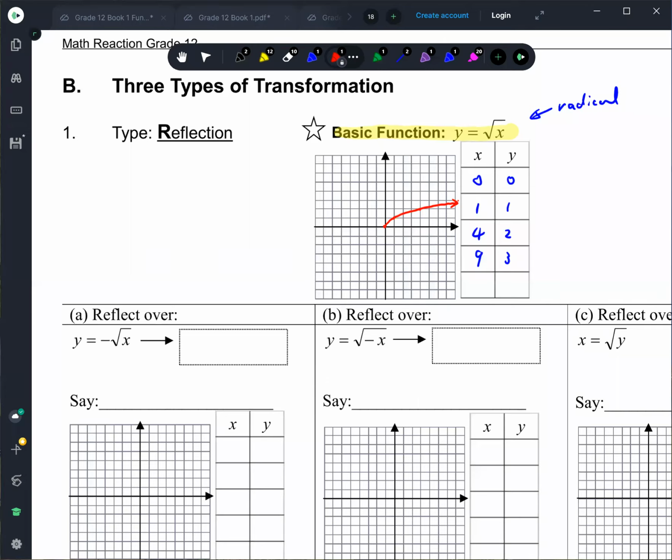Yep, okay. So for reflection, there are 3 ways to reflect. Reflection means it's like you look at the mirror. So the image is flipped, okay? But you could flip different ways. If you look at the mirror, left and right side, it's different, right? But if you look down at the lake, then it's up and down, it's different. Okay, so you can flip 2 ways.